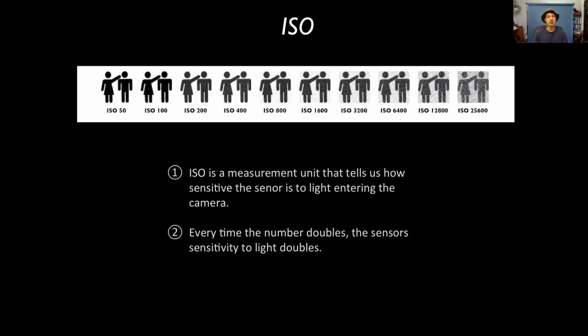And every time the number of the ISO doubles, the sensor's sensitivity to light doubles. So when we go from, say, ISO 400 to ISO 800, we have just doubled the sensitivity of the camera to light.